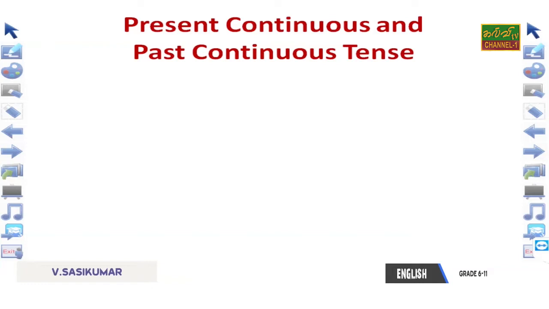That means east or west, or north or south. So that is the opposite thing here. Present continuous and past continuous, those have taken ing form. Here you can see.